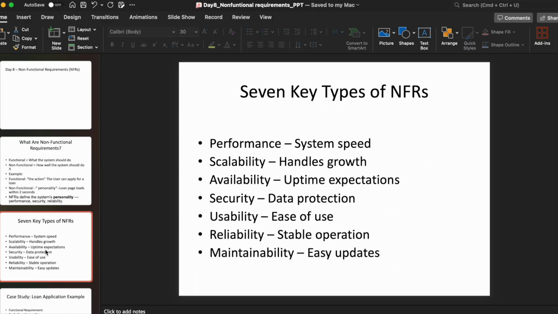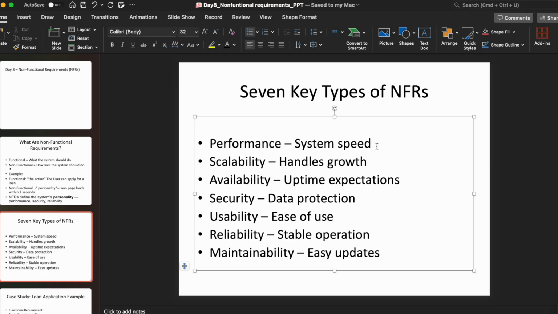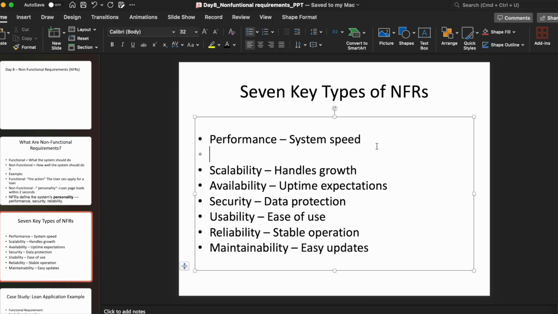So the 7 key types of non-functional requirements. Let's go through the 7 most important non-functional requirement categories that every BA should know. The first one is performance, for example speed: how fast does the system respond?